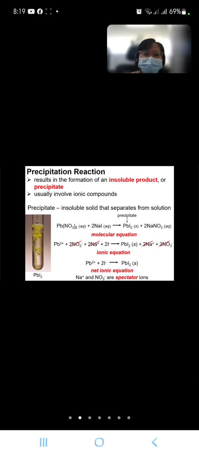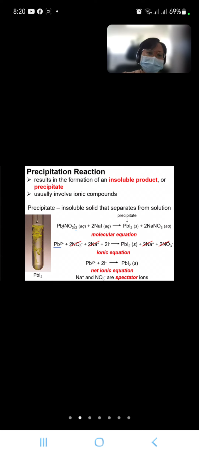The subscript of nitrate is 2, which means that this 2 here is the oxidation state of lead, no? Mo na siyang oxidation state ni lead. So, mo na nga, in writing the ion of lead 2 ion, we have Pb plus 2.